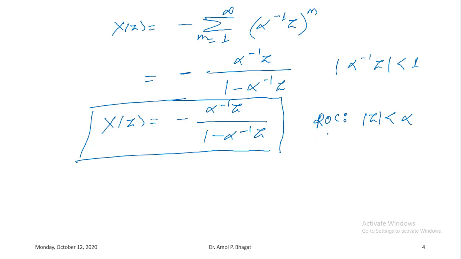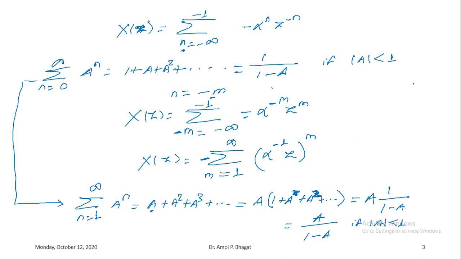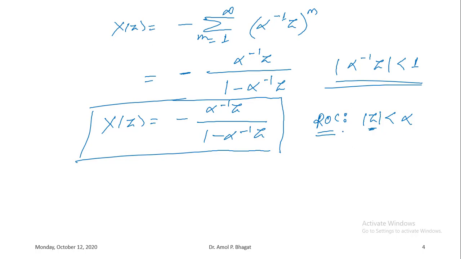The region of convergence, or the ROC values of z, are restricted by the condition that we are taking in the geometric series, which we are writing in the simplified form. So the ROC condition is restricted by this condition here.